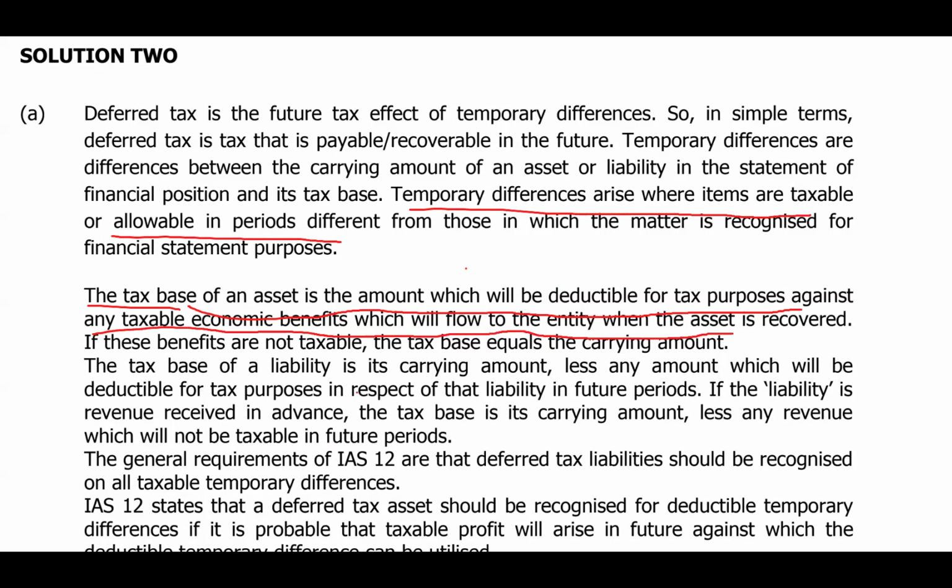When you look at these benefits, if the benefits are not taxable, the tax base will equal the carrying amount. If the tax base of a liability is its carrying amount, then from the carrying amount you have to deduct any amount which will be deductible for tax purposes in respect of that liability in the future.